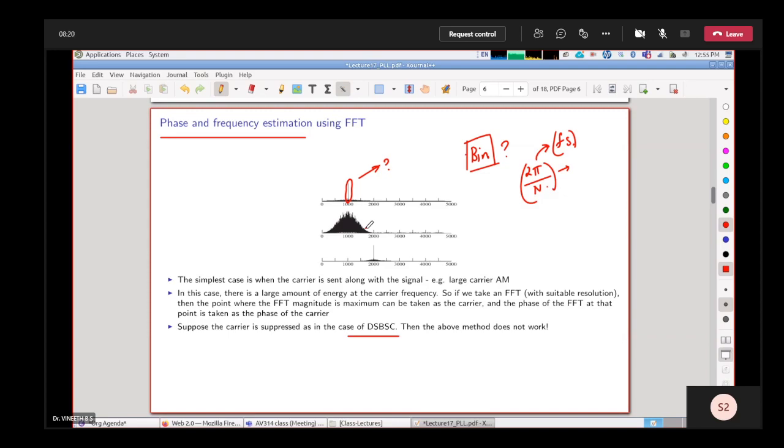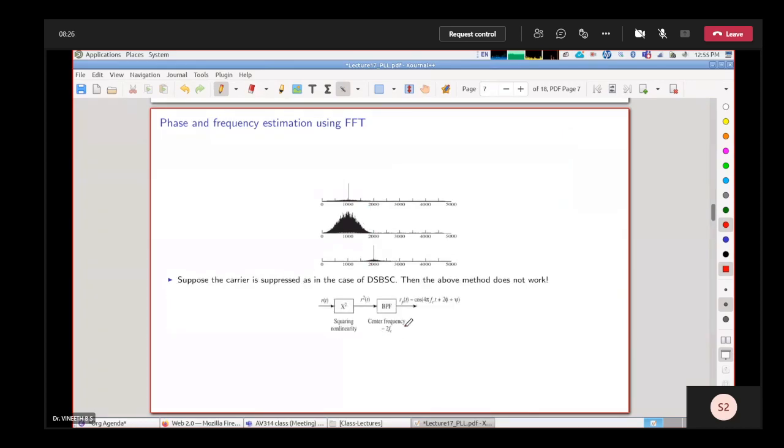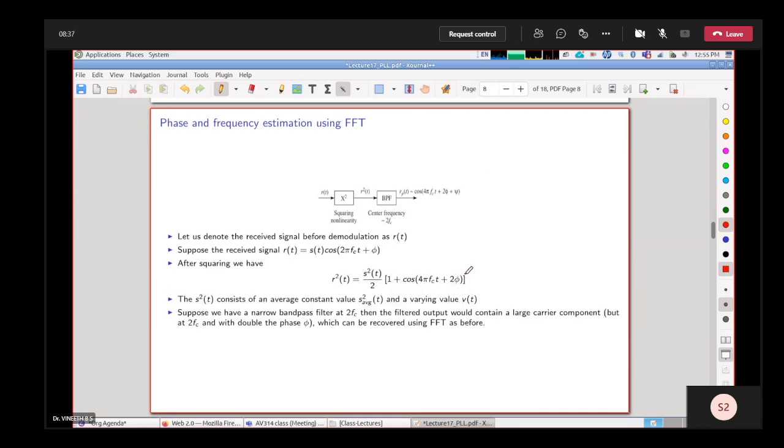So you square it and then filter out that particular frequency in order to get an estimate. This is an initial method: you just use the FFT as a way to figure out coarsely where the frequency and phase lie.